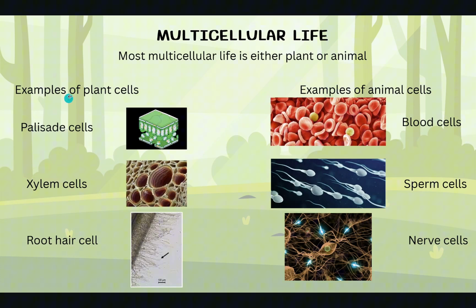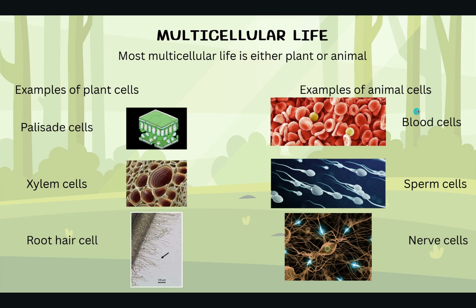So multicellular life, where you just wrote plant cells a minute ago, palisade cells, xylem, and root hair cells, these are found exclusively in plants. Not every plant is going to have them all, but they are found exclusively in plants. Over here for animal cells, blood cells, sperm cells, nerve cells, they're found exclusively in animals.